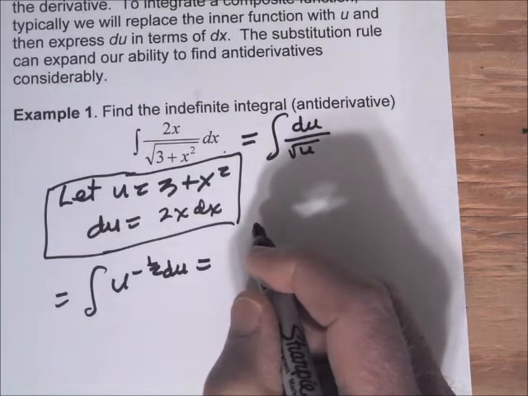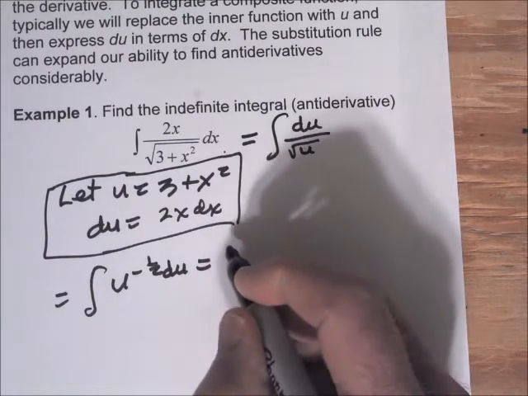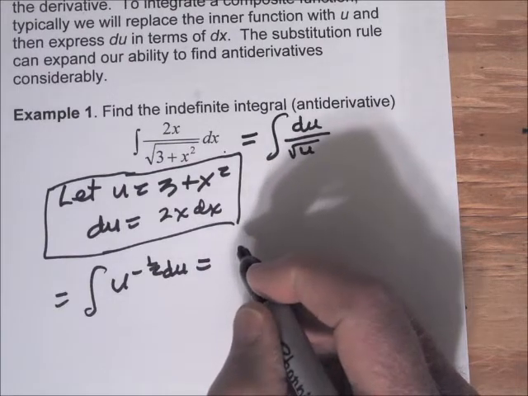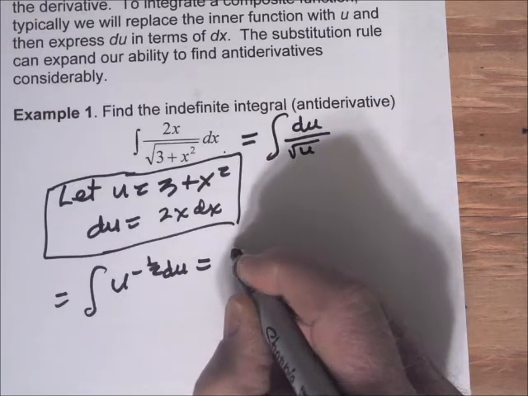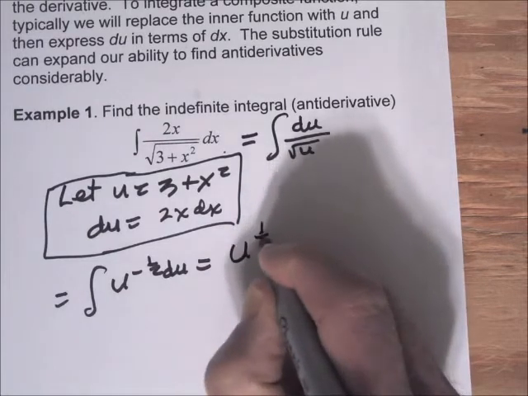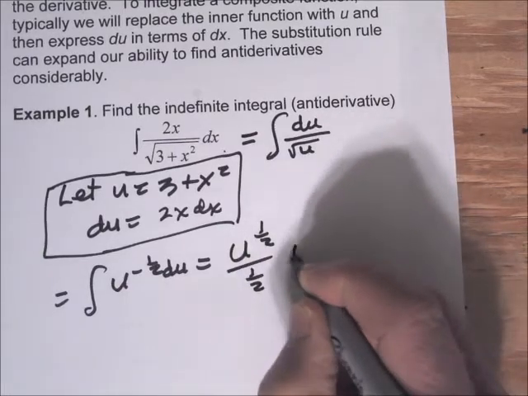We add 1 to the exponent and divide by the new exponent. It's the reverse of the power rule for the derivative, where you take 1 away from the exponent. Here we want to add 1 to the exponent. So negative 1/2 plus 1 is 1/2, so it's u to the 1/2, divided by the new exponent, 1/2, and then plus a constant.